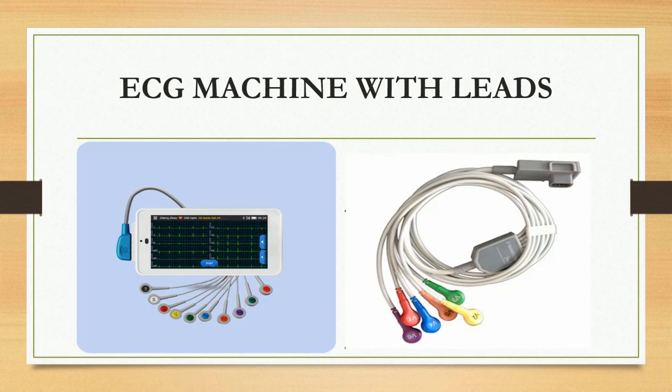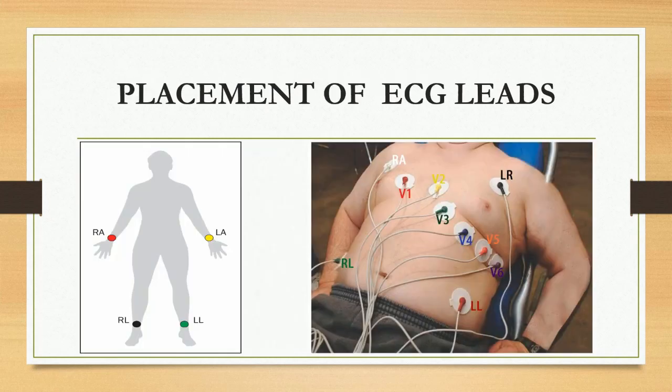Here is an ECG machine with 10 leads. Each lead is clearly labeled as V1, V2, V3 and so on, which aids in proper placement. Here you can see the placement of ECG leads. Right arm, right leg, left leg.